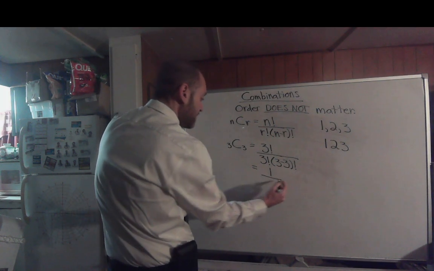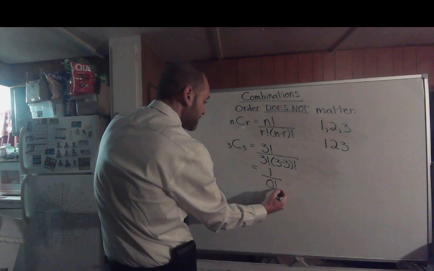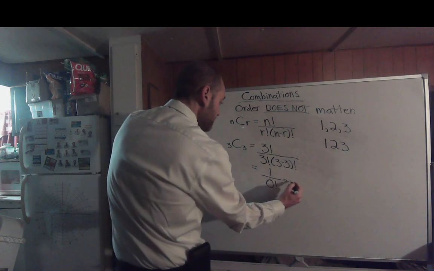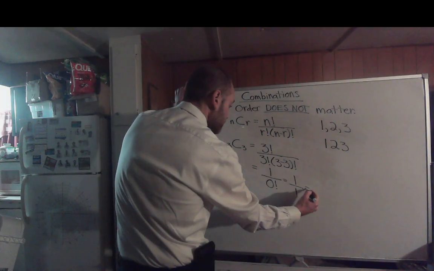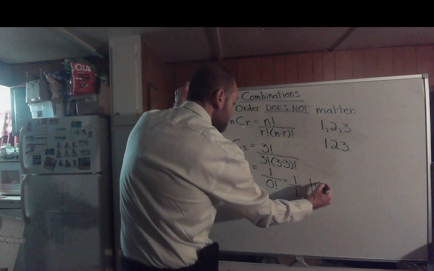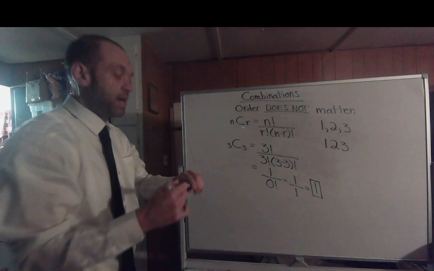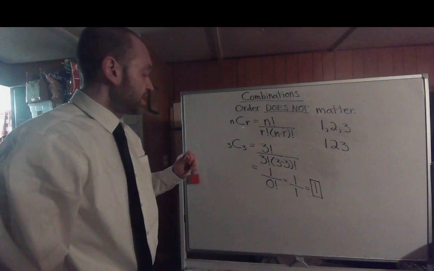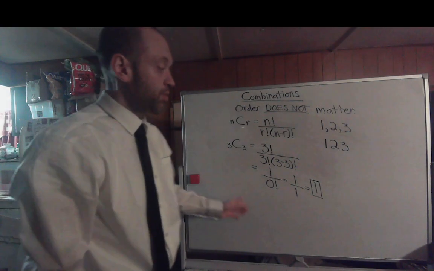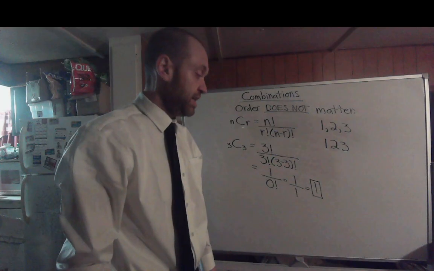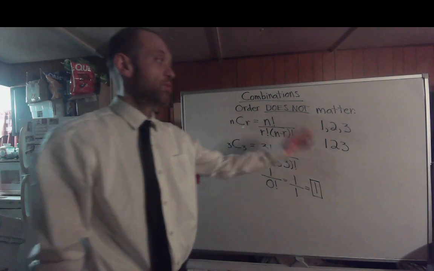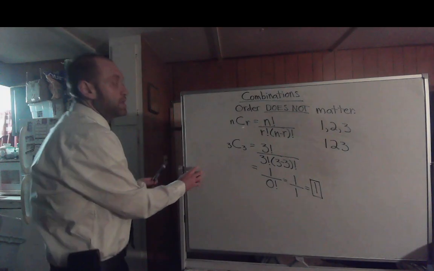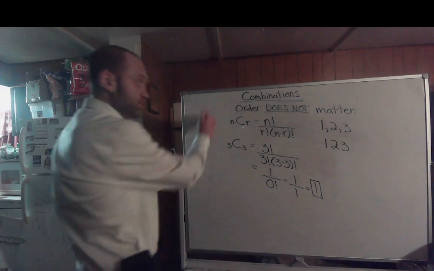That's just going to be 1 over 0 factorial, which equals 1 over 1, which is just 1. So in this case, there's just one possible combination. Now, if we were taking the order, you would have 6 possible permutations, but there's only one possible combination. So let's do some examples of combinations.